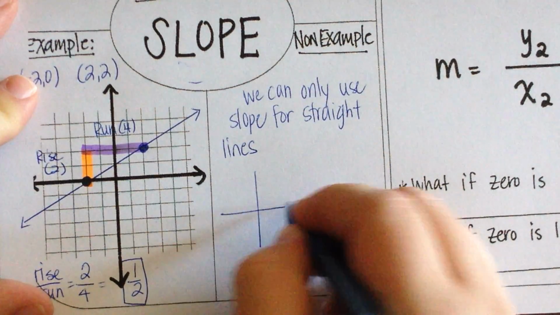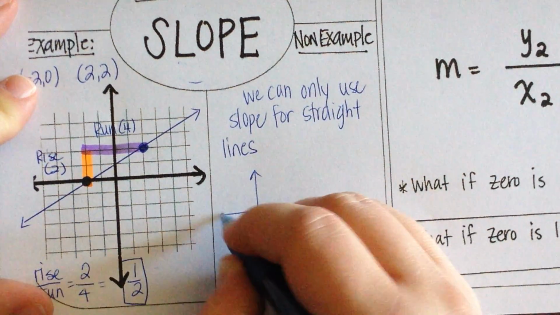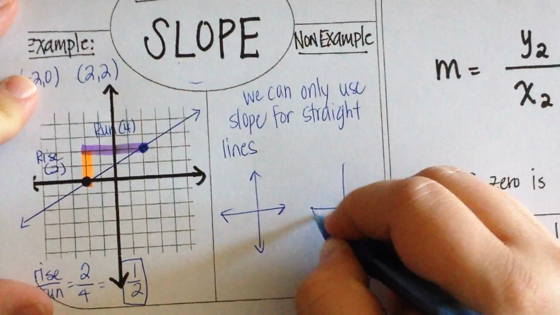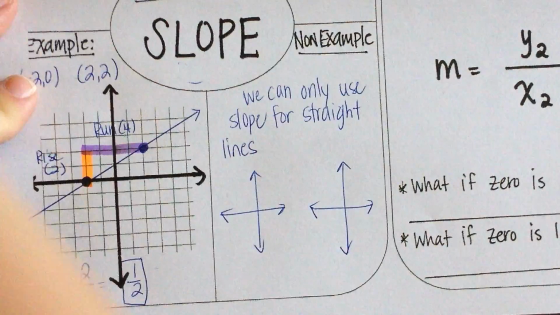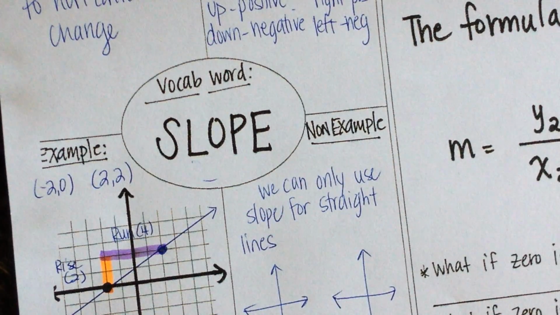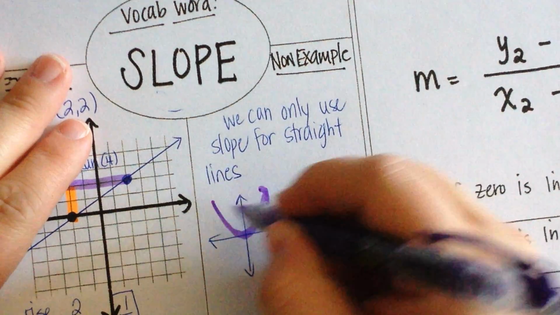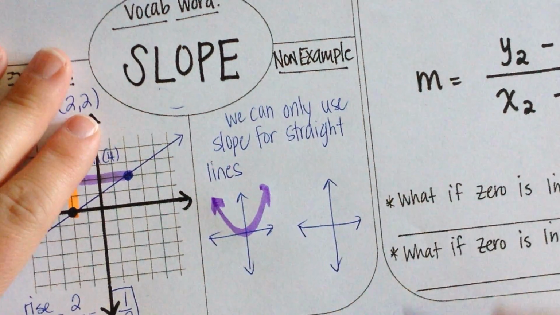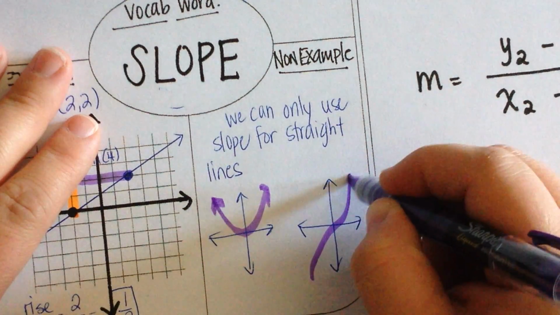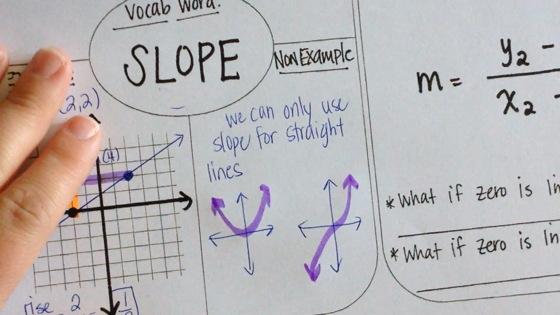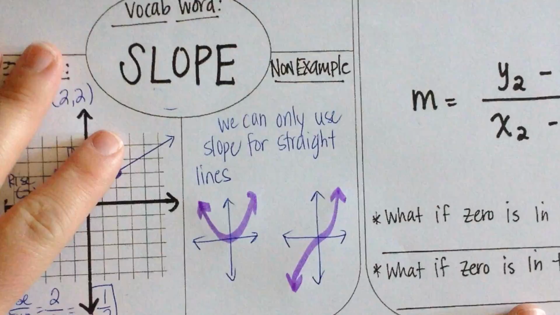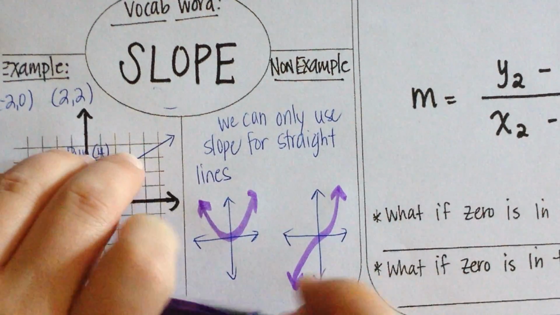If I have a coordinate plane, I cannot use slope for graphs that look like this. This is called a parabola. This would be a quadratic, or even something that looks like that. Those would not be examples that I could use to calculate slope.